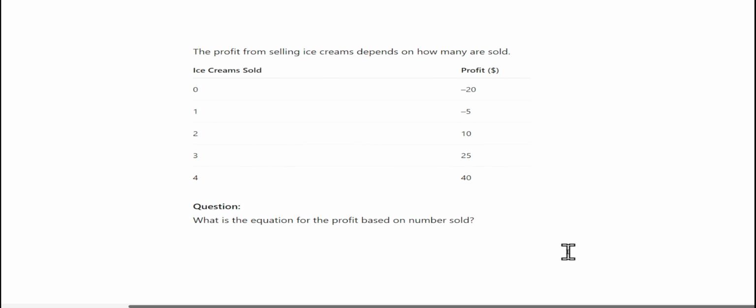Okay. The profit from selling ice creams depends on how many are sold. Okay, yeah, that kind of makes sense. That doesn't give us any clues. Ice creams sold, so they make a loss here, and then they start breaking even when they've sold 2 ice creams. And these must be pretty spectacular ice creams.